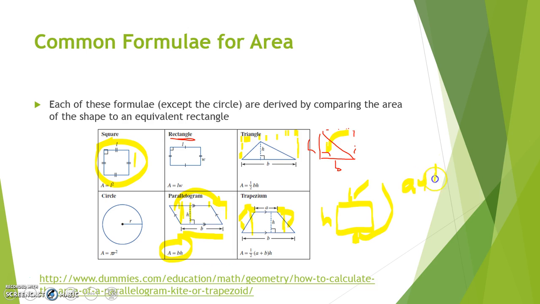That's what the (a plus b) over 2 is. Add two numbers together and average them by dividing by 2. So what we're essentially doing for trapezium is making a rectangle with the average length of the top and bottom parallel sides. Now the link at the bottom here walks you through that in a little bit more detail if you'd like to see that again.